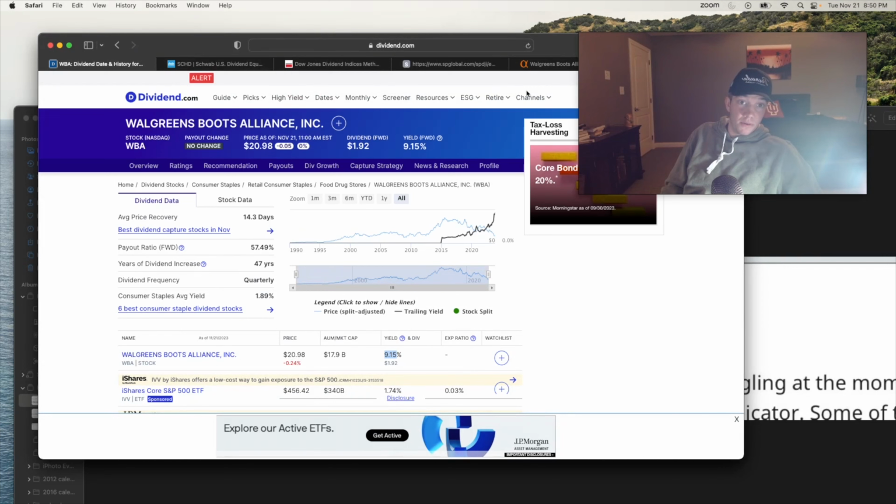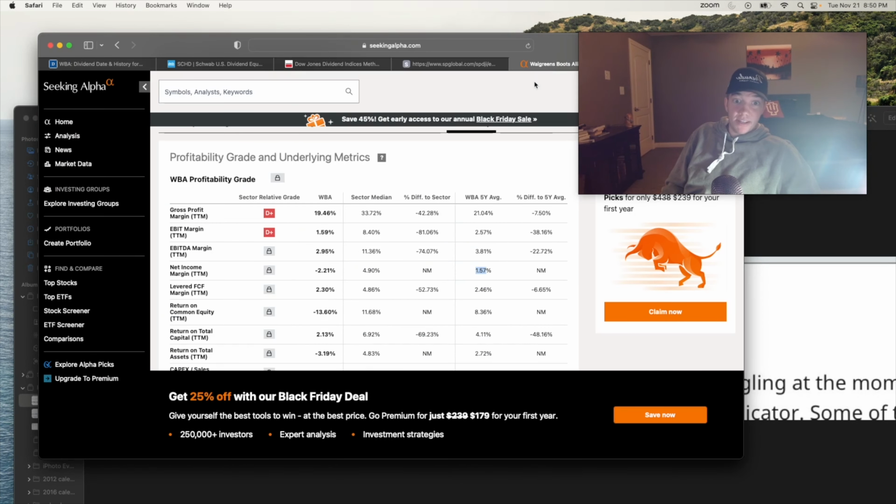the answer is no. And I haven't done some sort of extended due diligence on this one, but I do have hard rules I look at before I examine companies in more detail. And one of those things is the net income margin.